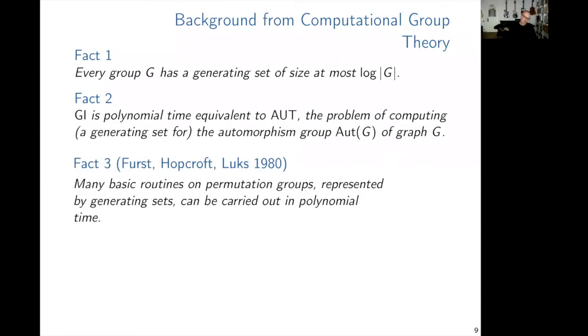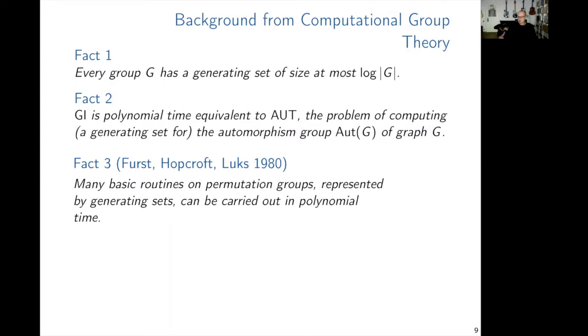And then the third fact just collects a few basic algorithmic routines for permutation groups. Okay, and the way we see these, we always represent the groups by generating sets. And then we want to be polynomial in the size of the generating sets.